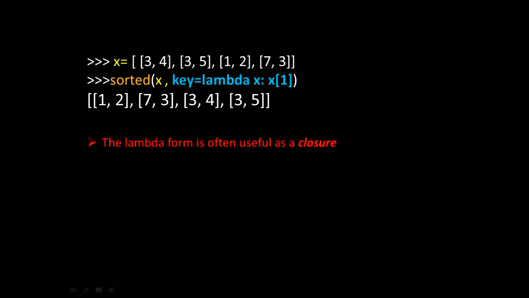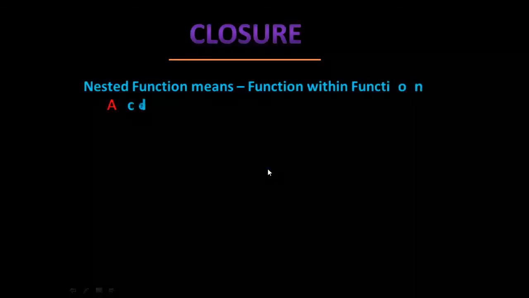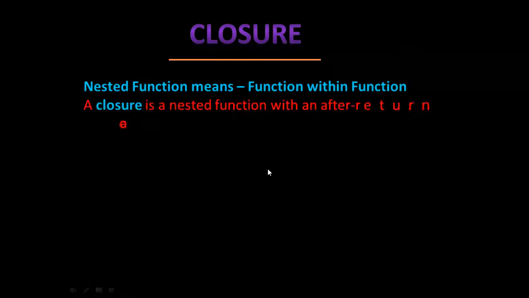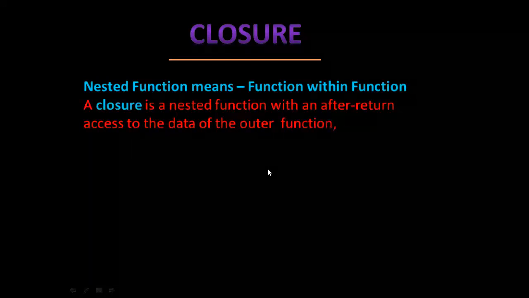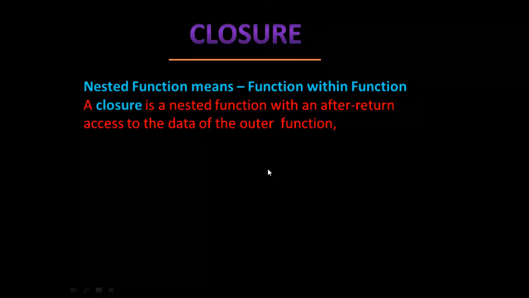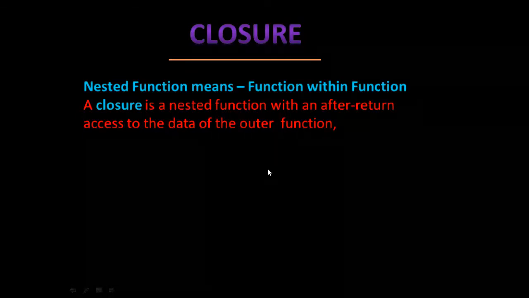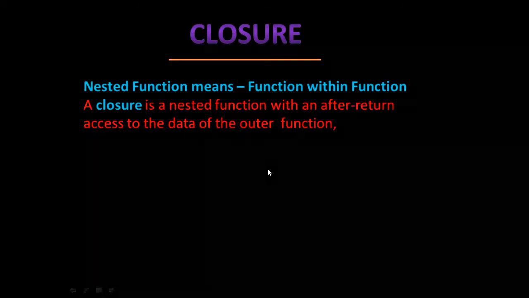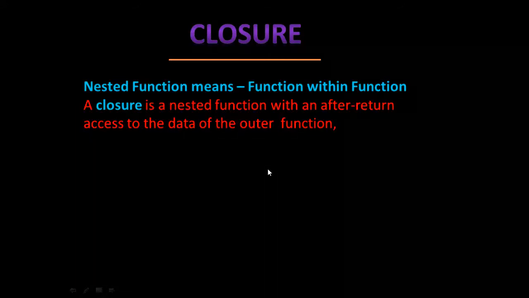A lambda expression can often be useful as a closure. Let me introduce what a closure is. Firstly, let me introduce what a nested function is. We have already seen that a nested function is a function within a function. And a closure is a nested function that, after returning, has access to the data of the outer function.